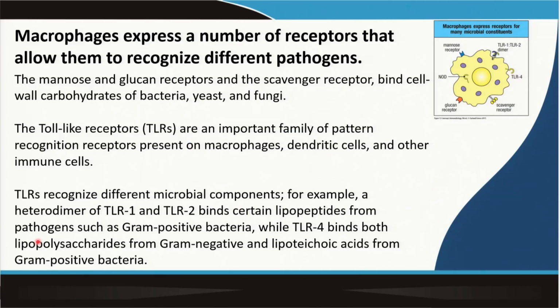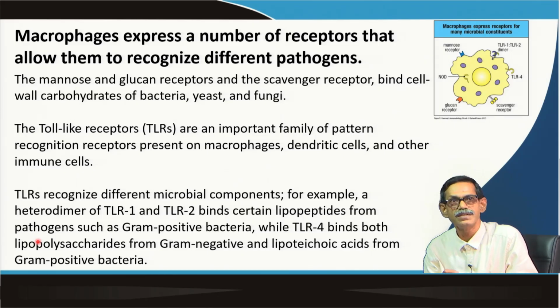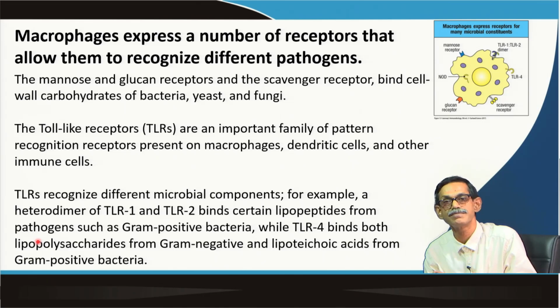So, what we were saying in the last slide is that macrophages express a number of receptors that allow them to recognize different pathogens. What are those receptors? They are the mannose and glucan receptors, and the toll-like receptors.